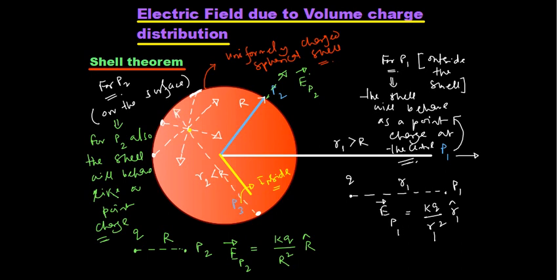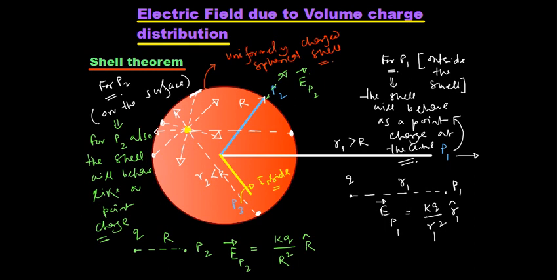You can take a charge here also. For this also, you will see it is acting in the radially outward direction. So as a result, you can see, because of the vector sum that is involved at this particular point, for any inside point, electric field will be zero. That's a very, very important point. Right? So what will I write?